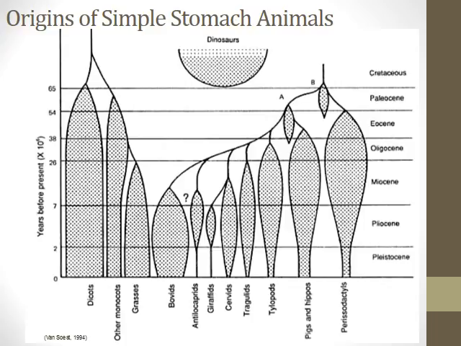And cattle are thought to have evolved after grasses evolved. So that's important because cattle are able to digest the grasses that maybe some of the other animal species weren't able to digest. So it's thought that they evolved once the grasses arrived 26 million years before.